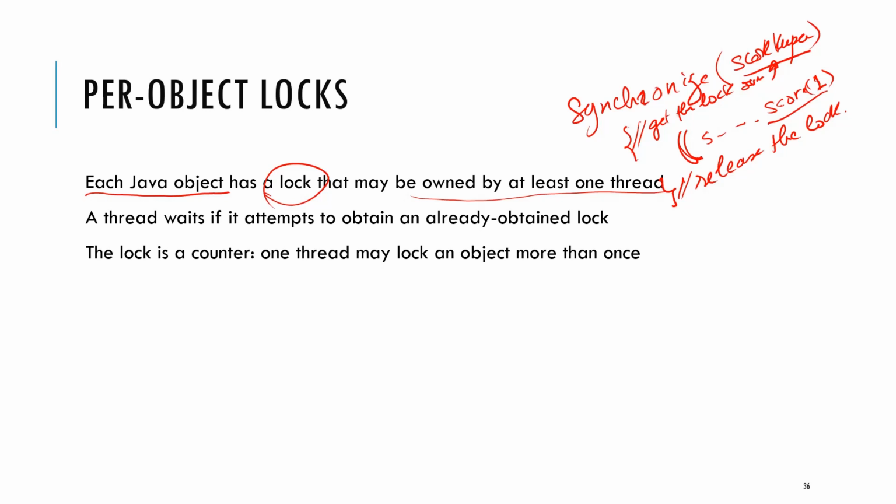Usually a thread waits if it attempts to obtain an already obtained lock. If the first thread calls this function, it will lock this variable and do whatever it wants with it, and then release it at the end. If before releasing the lock another thread comes, it must wait for the first thread until it finishes. It cannot run anything else because it's really waiting, willing to access this line of code.